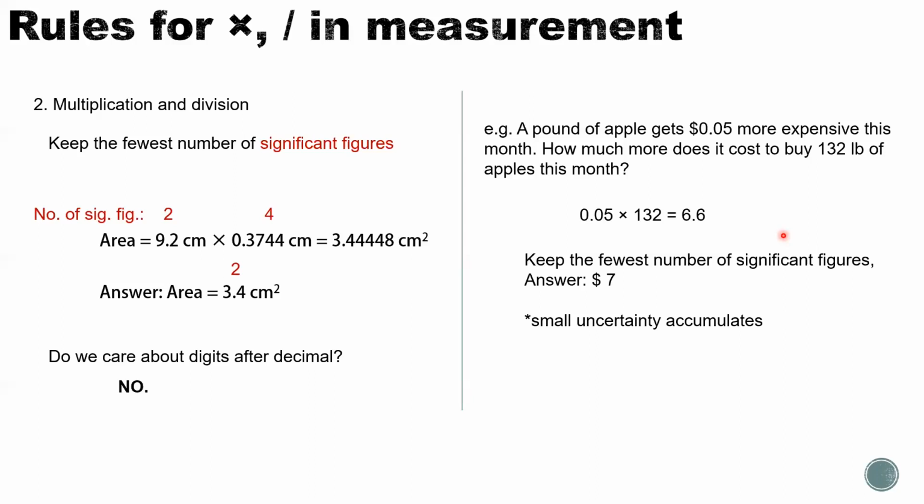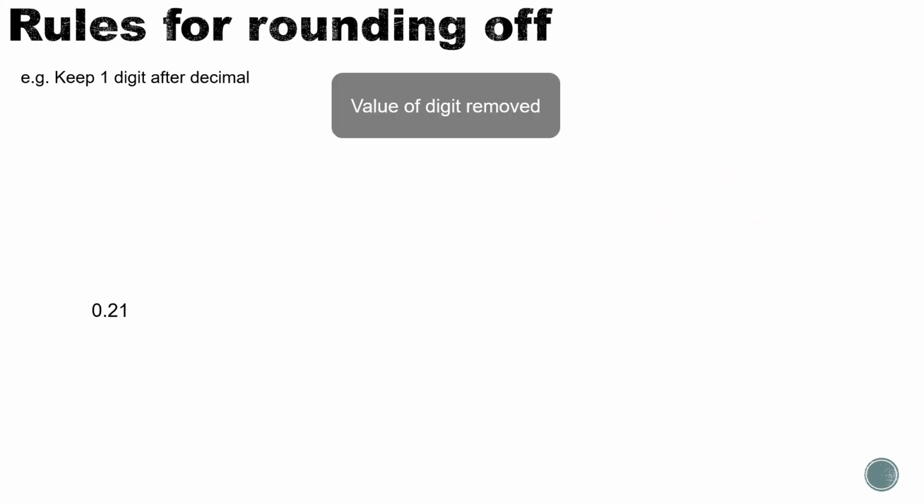Okay. In both cases, we need to round off the final answer to keep either the smallest number of digits after decimal or the smallest number of significant figures. But how to get rid of extra digits and round off for the final answer? Let's take a look at the rules for rounding off numbers.